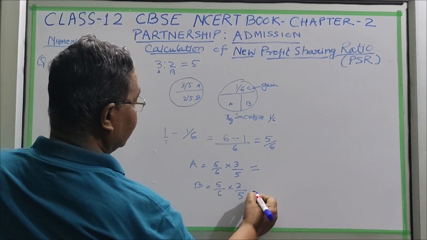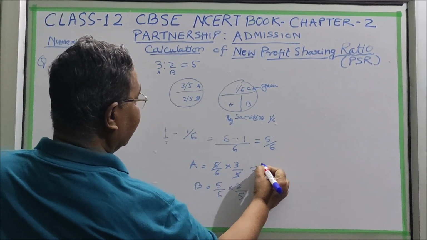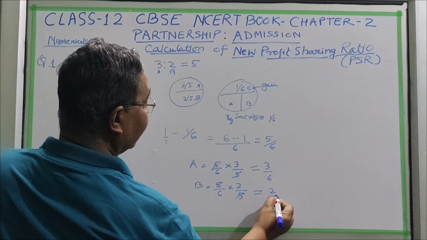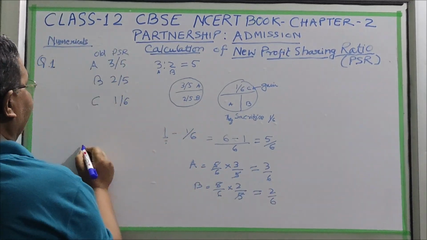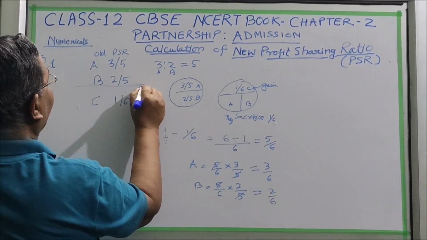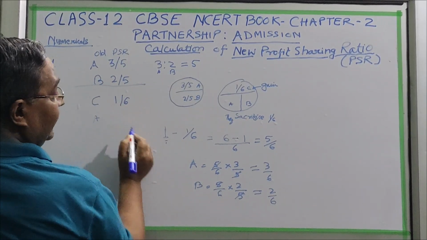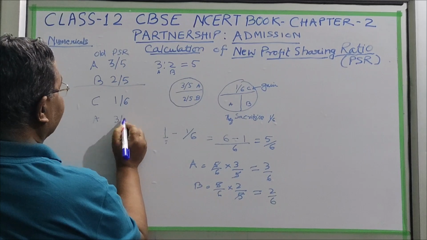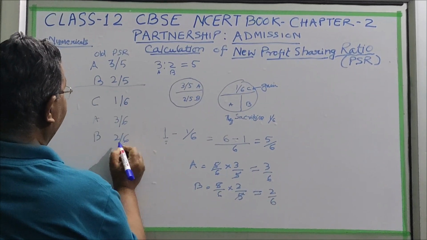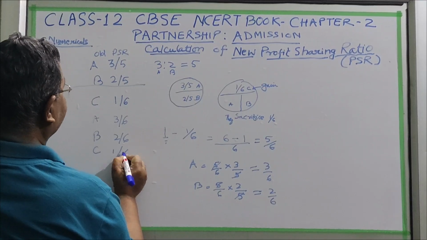So their new shares will be 3/6 and 2/6. Now A will get 3 upon 6, B will get 2 upon 6 and C will get 1/6.